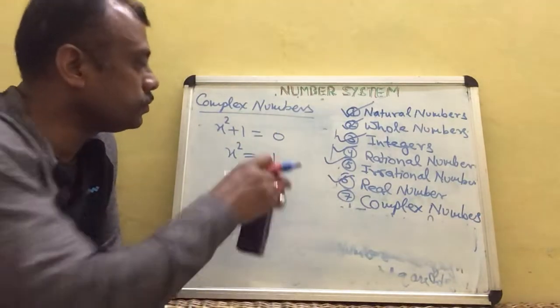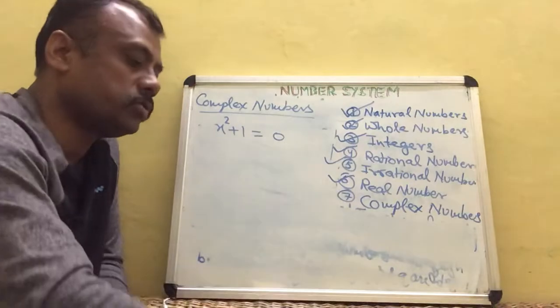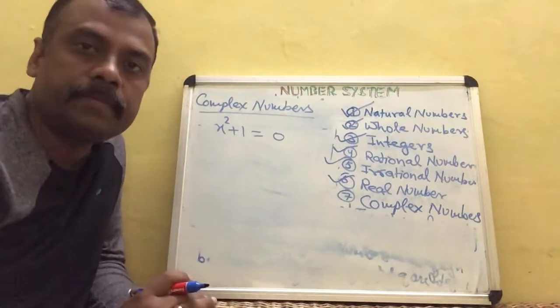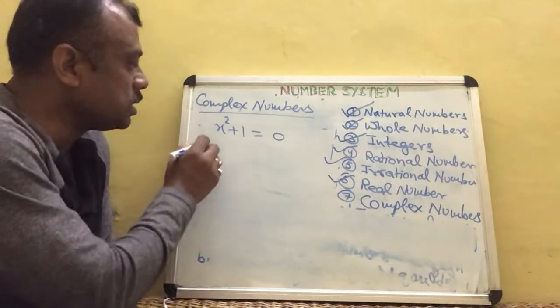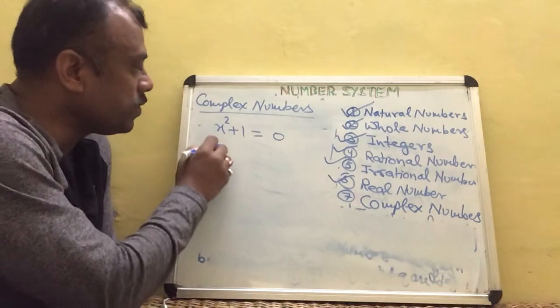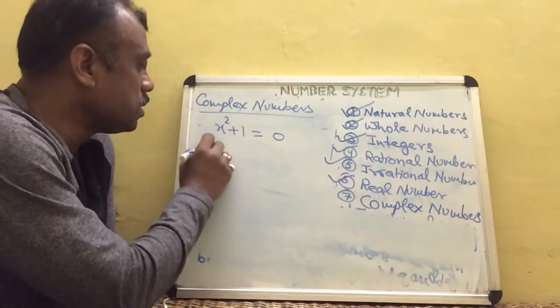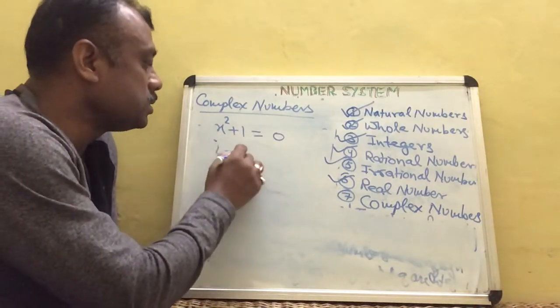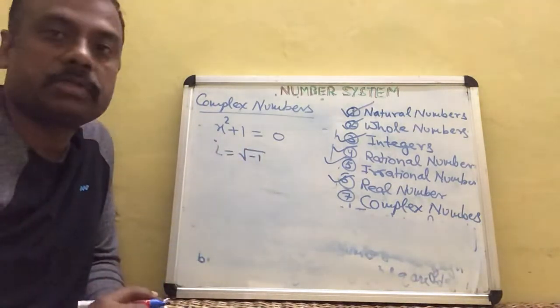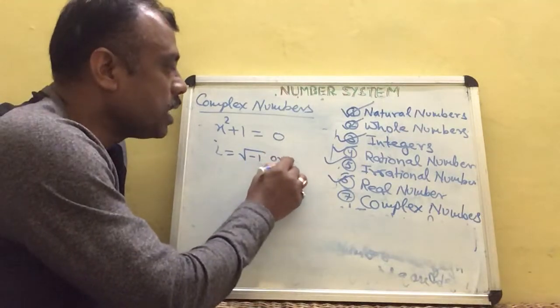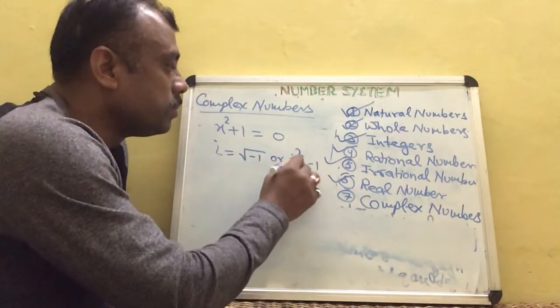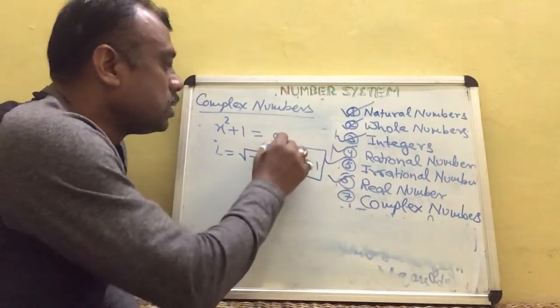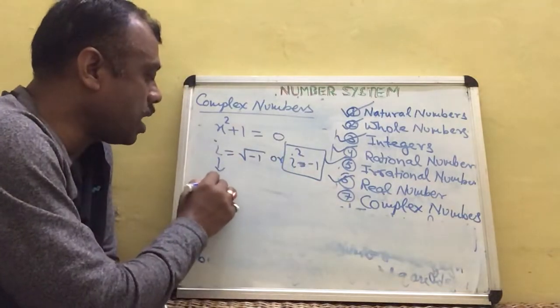So to solve these types of questions, we have defined something: let us define i as the square root of -1, or you can say i square is -1. This i is called iota.